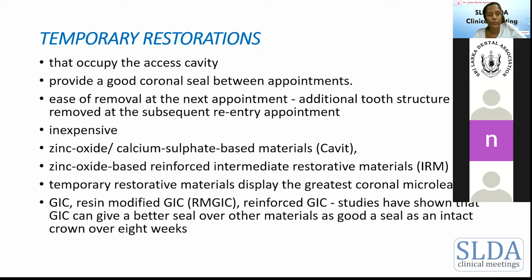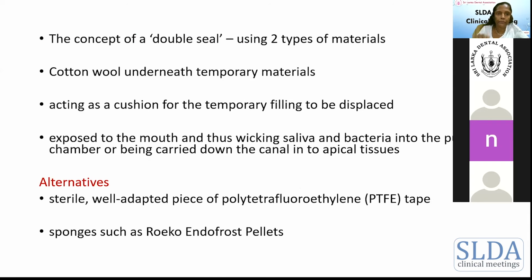In the literature, GIC is always recommended as a good temporary restorative material in between visits, and it says it gives a good seal up to 8 weeks. So it is very, very important as a temporary restorative material.